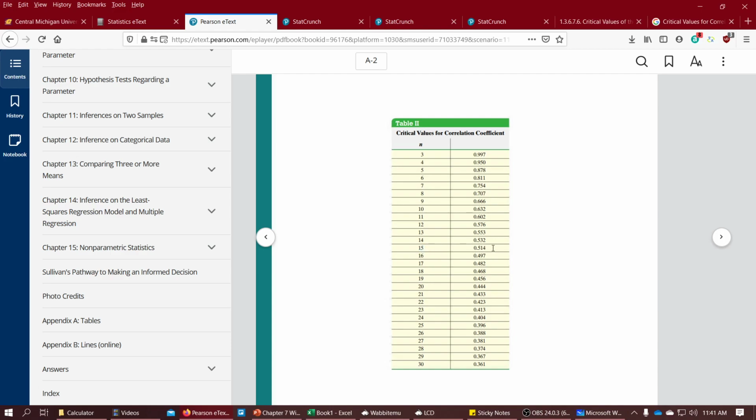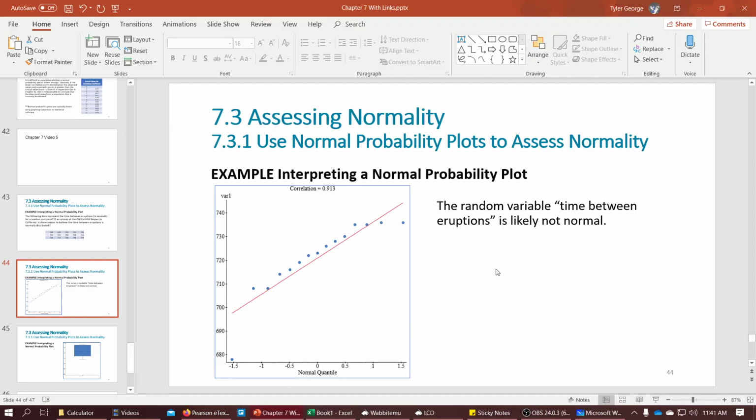Because our value is not smaller than that, we actually can assume that we do have normal. So even for this first example, even with that outlier, it is actually approximately normal still. Even with these outliers, it still comes up as approximately normal. The reason for that is the majority of the data is close to the line.